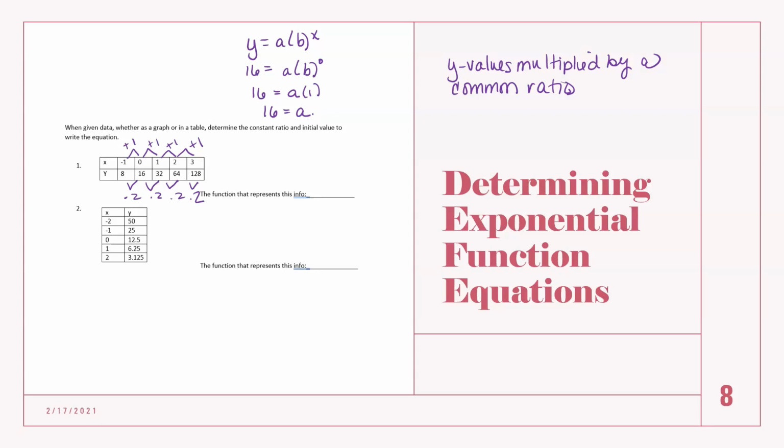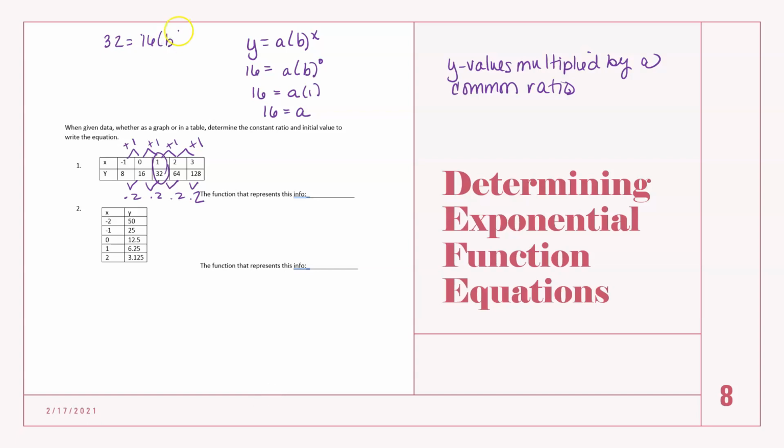Then I have a, so now I'm going to use 1 and 32 to find my base. I'm going to use a as 16, so I'm going to plug in 32 for y, and I found my a, so I have 16 times b.